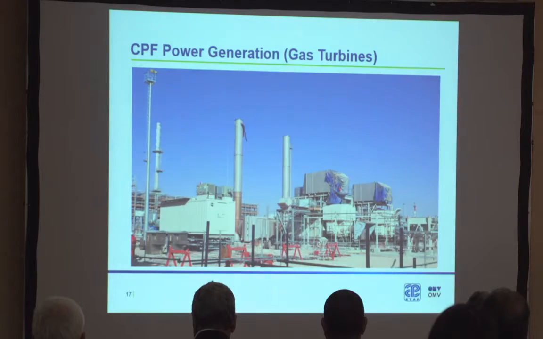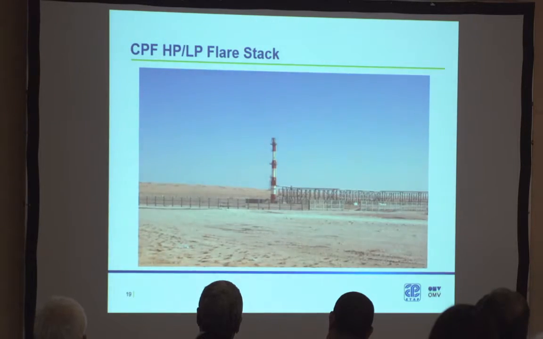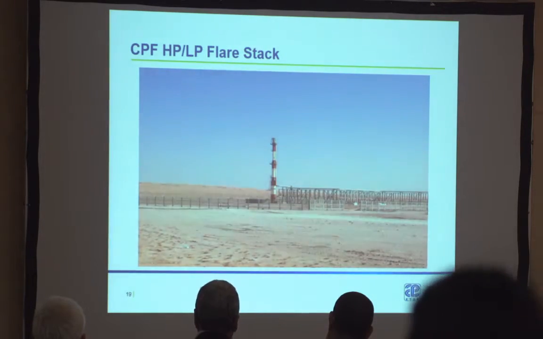So here we can see the 2 gas turbines in the CPF. We have 2 tanks for condensate storage, a total capacity of 20,000 barrel, 4 days production. This is the high pressure and low pressure flare stack.